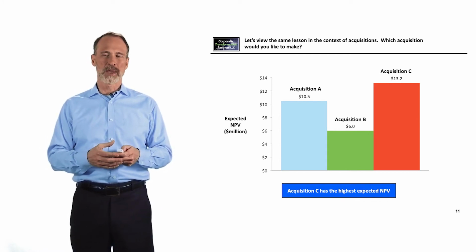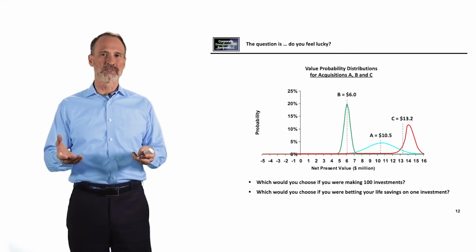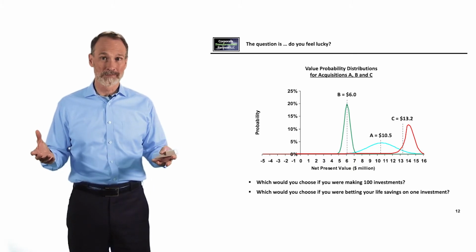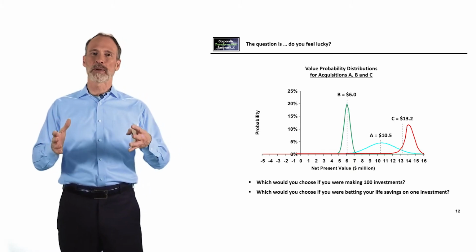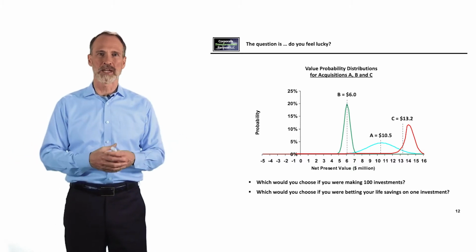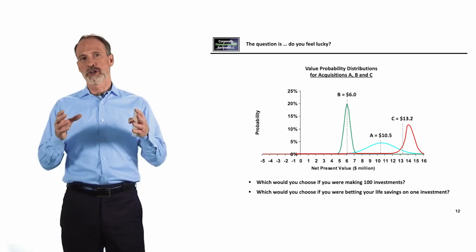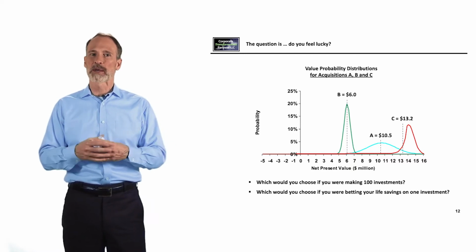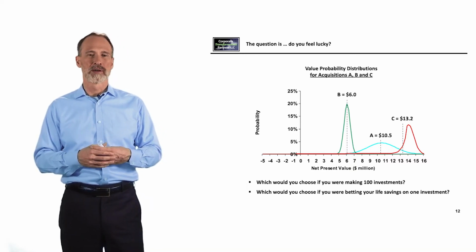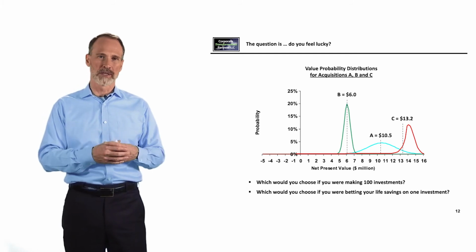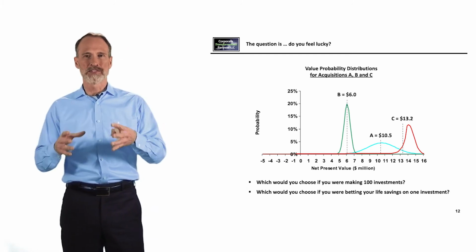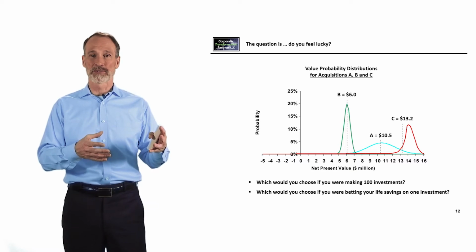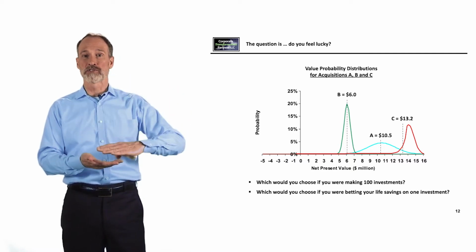But when you look at the next page, you realize what you really might be saying is, do you feel lucky? Because I want you to see that this page is completely consistent with the last page, where we're looking at investment C, which is in red, having the highest expected value of $13.2 million, followed by A, and then followed by B. But what we're showing on this page that we did not show on the last page is this whole vertical dimension.